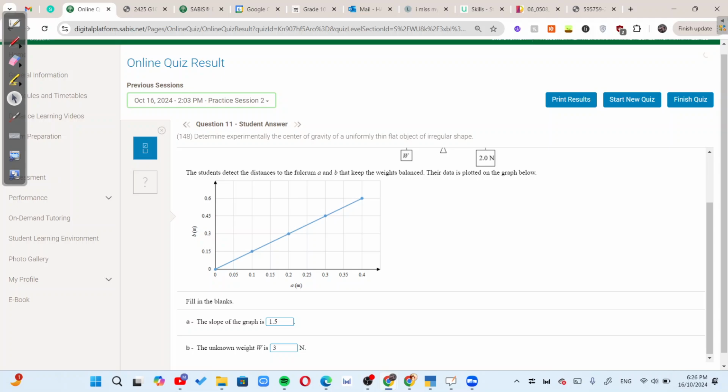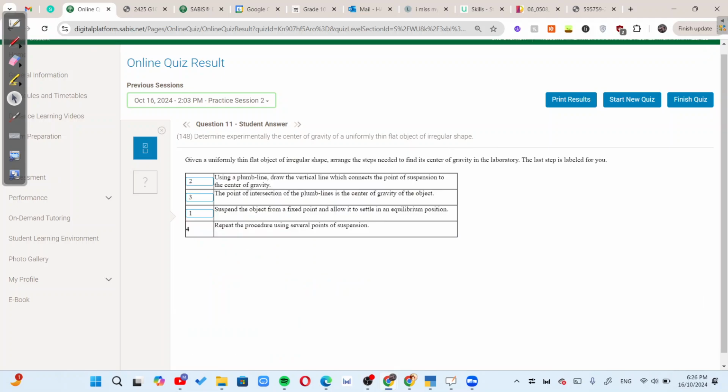Now let's go to the next question. This is the question I'm telling you about. Here, you have to abide by the steps of solving for the center of gravity in an irregular object. You memorize these steps.